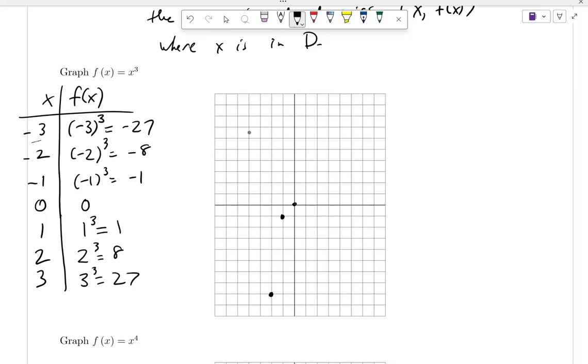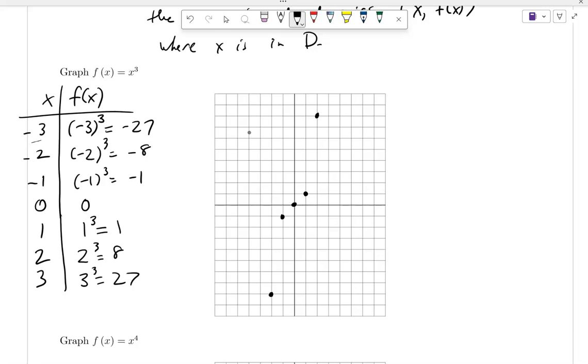Zero, 0 is the origin here. Plot 1, 1, right 1 and up 1. 2, 8, over 2 and up 1, 2, 3, 4, 5, 6, 7, 8. And again, if I put in 3 and get 27 out, I'll be way off my graph, right?